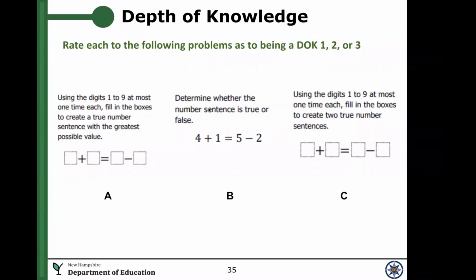Absolutely, Karen, that DOK2 says just using the digits 1 to 9 at the most one time each, I just need to create 2 true number sentences. And then I can get even more specific and challenging the cognitive rigor by saying, not only do I want to create a true number sentence, but I want one with the greatest possible value, but I can still only use the digits 1 to 9 one time each.